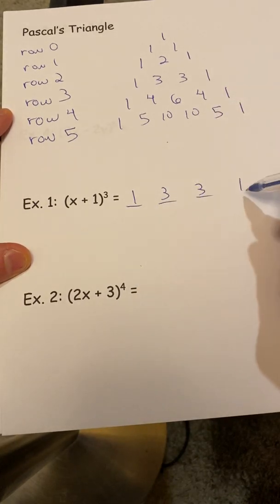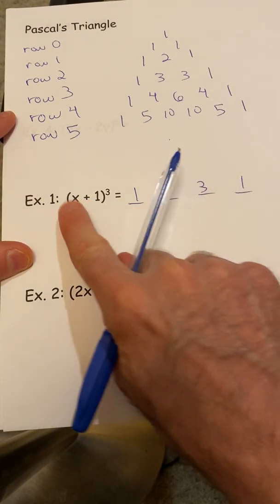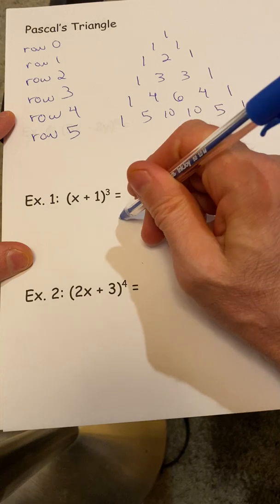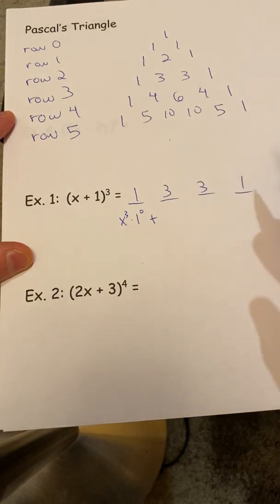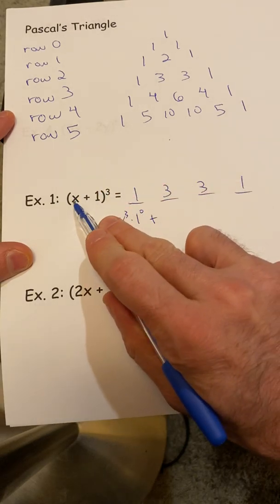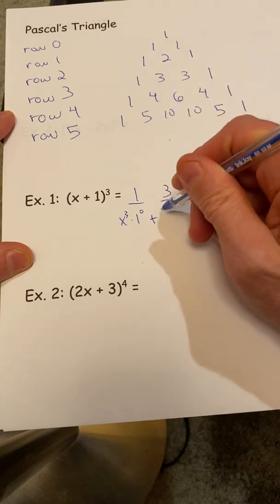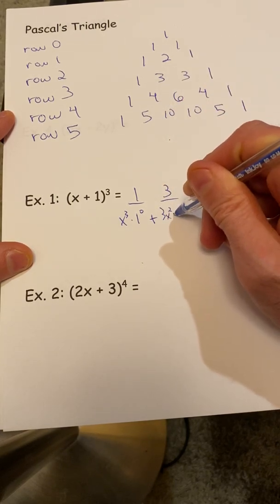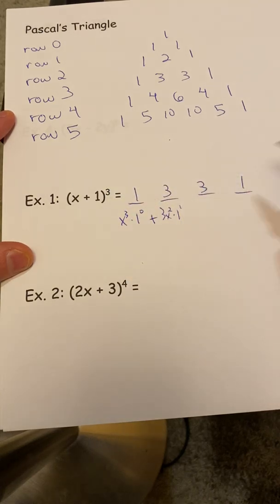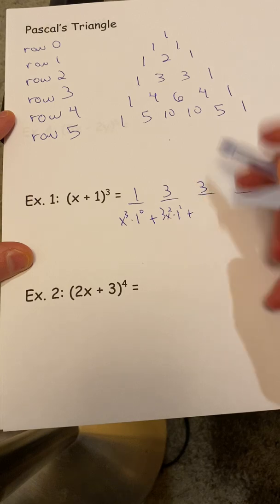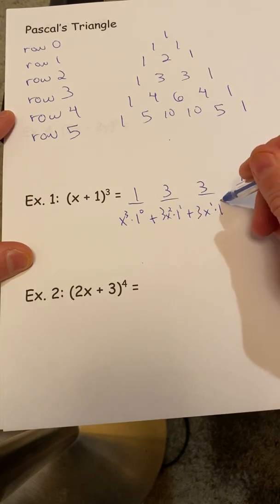Now, here's my Pascal's triangle row. Well, what I'm going to do is I take this first one, it's x to the third times 1 to the 0, plus, so this is the x, this is now kind of like in place of the y, plus 3x to the second times 1 to the first, plus 3 is my coefficient, x to the first times 1 to the second.